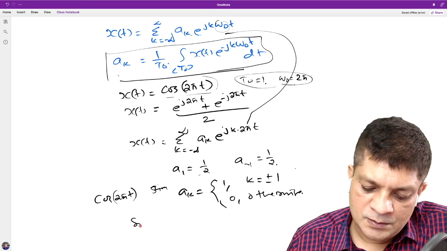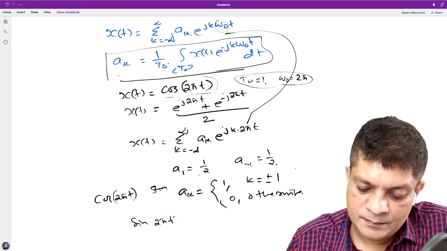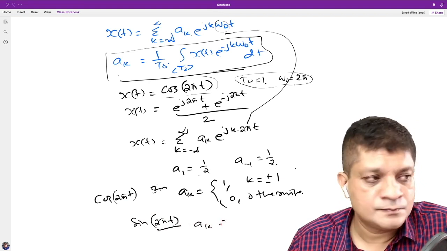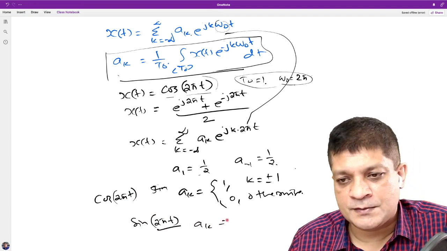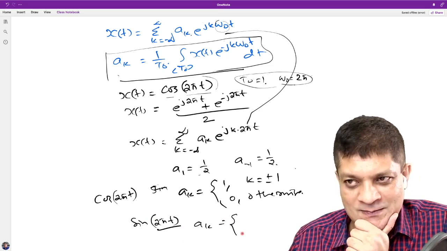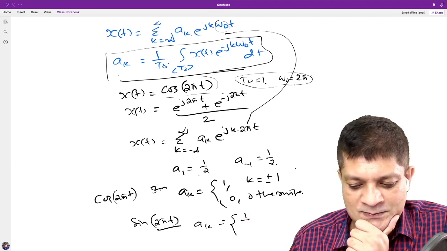Now what about sine 2πt? What are the Fourier series coefficients? a1 equals half and a minus 1 equals minus half. Is it this?